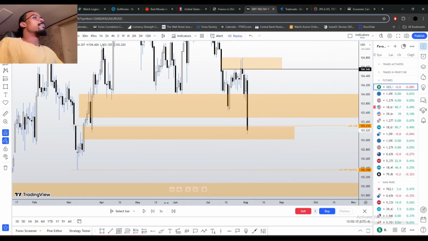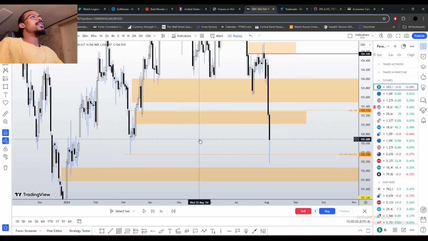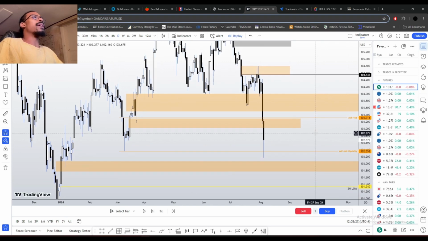And let's skip to Wednesday. So you can see Monday already traded into that sell side liquidity pool. So I'm thinking, okay, Monday already traded into my draw on liquidity. It didn't reach the fair value gap yet, right? But it already traded into sell side liquidity and activated sell stops, right?